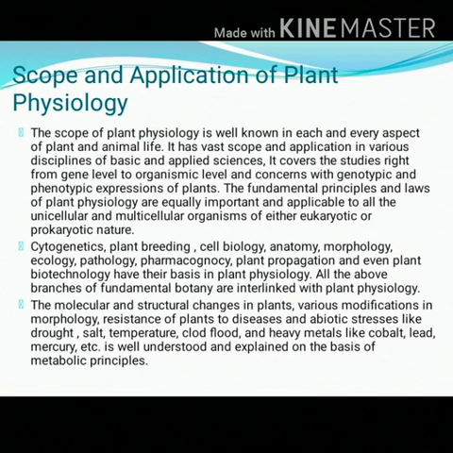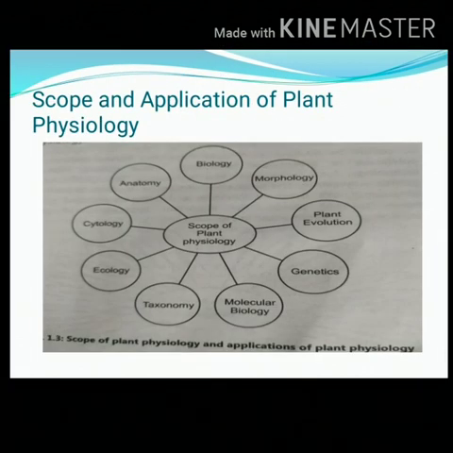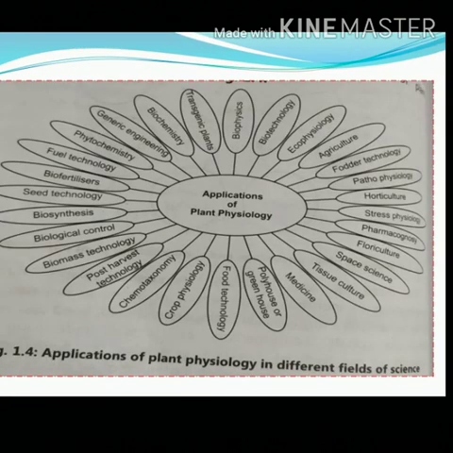The knowledge of plant physiology has a very vast scope in every field and its applications play an important role in our day-to-day life. This is the diagrammatic representation of the scope of plant physiology in different branches of plant science, which includes biology, morphology, plant evolution, genetics, molecular biology, taxonomy, ecology, cytology, anatomy, and many more.